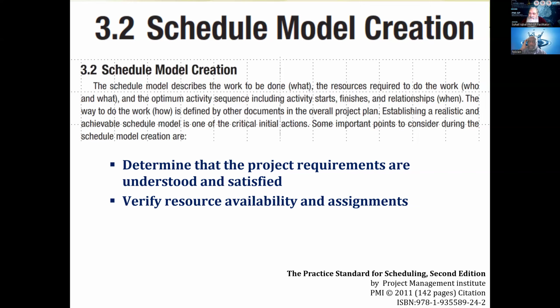But any one version of the schedule, including all these details, in the shape of a Gantt chart and everything, is called a schedule model. Establishing a realistic and achievable schedule model is one of the critical initial actions. You see, the very first model you create may not be realistic.